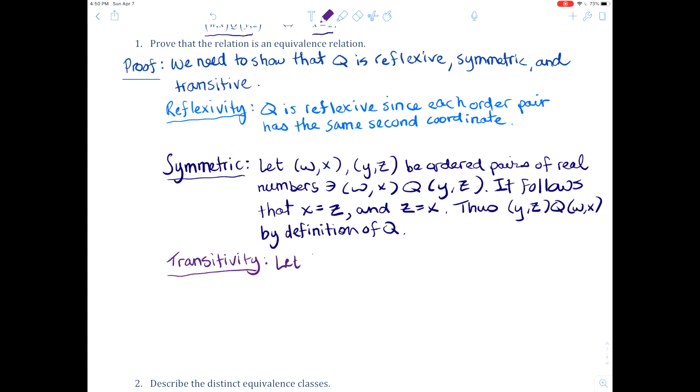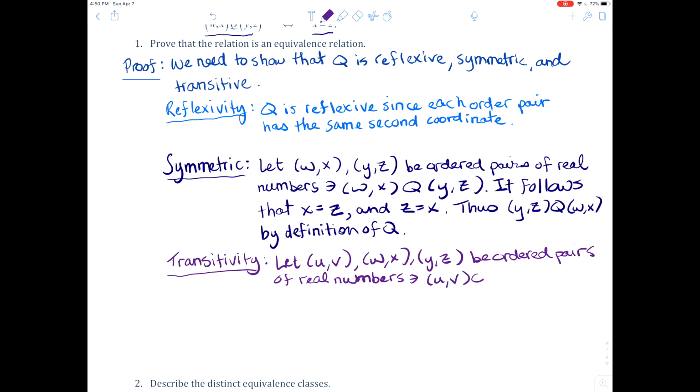So why don't we let the ordered pair (u, v), (w, x), and then (y, z), those three, be ordered pairs of real numbers such that (u, v) Q (w, x), and (w, x) Q (y, z). Okay, so far? Good, good.